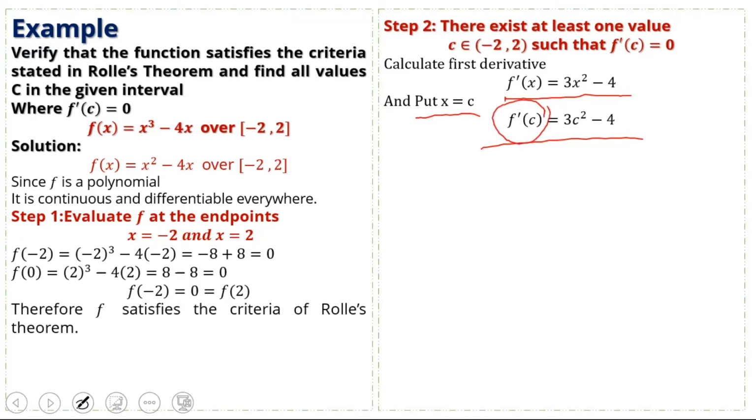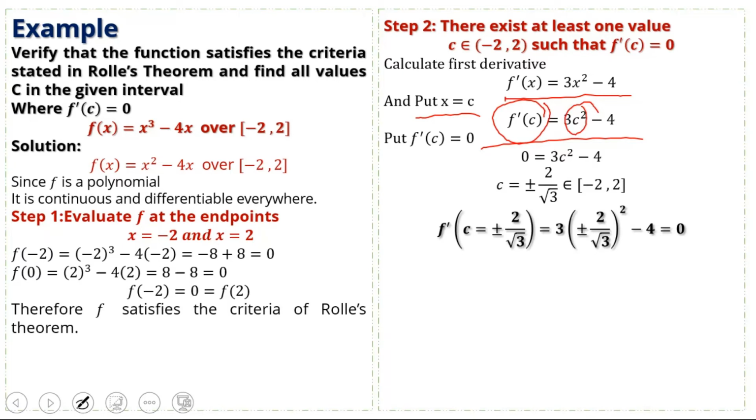Now we put f prime of c is equal to 0 to find c. After that we get the value of c, which is plus or minus 2 divided by under root 3, and which belongs to our interval.